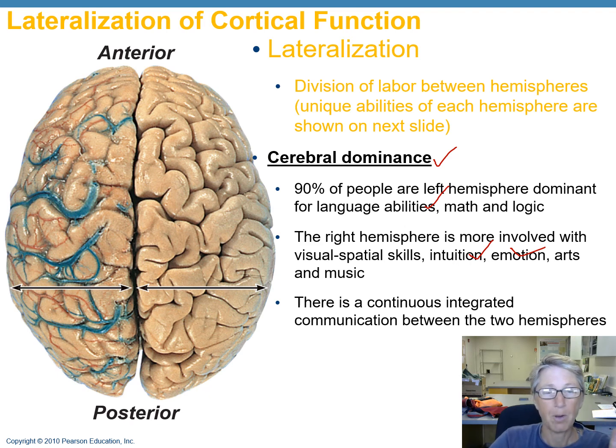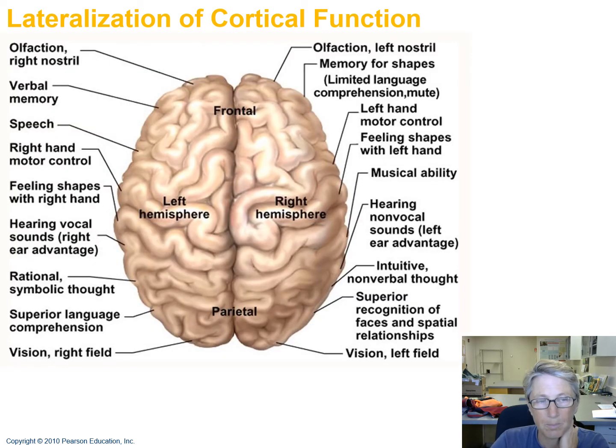So everybody has a right hemisphere and a left hemisphere. It's not really accurate to think of people being right and left brain, but there's continuous integrated communication between the two hemispheres through that structure I showed in the previous slide, called the corpus callosum.